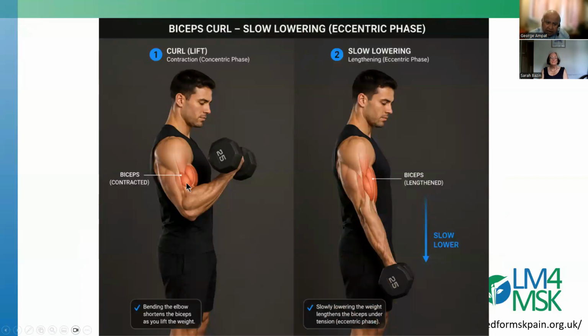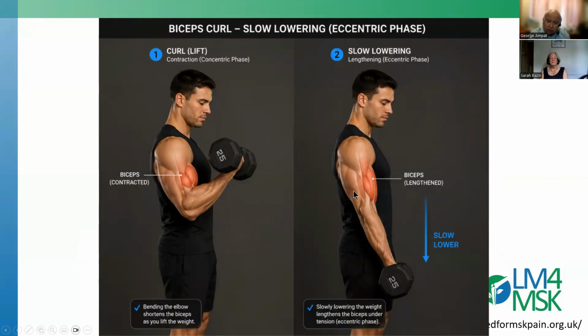So this contraction is called the concentric contraction. Whereas if the dumbbell was here and he's slowly lowering it down, the biceps is extending, but still it is acting. It is not suddenly dropping down on the floor. It is slowly being released down. So that contraction now of the biceps is an eccentric contraction.